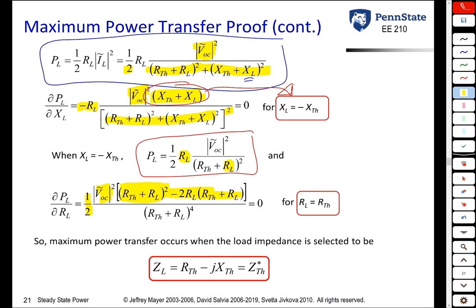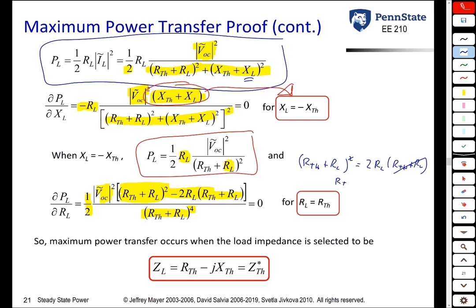So we're going to get this all over the denominator squared. The denominator is R Thevenin plus RL squared. You square that again, you get that to the 4th. And you set this whole expression equal to 0. Basically what we're saying now is that R Thevenin plus RL quantity squared has to equal 2 RL times R Thevenin plus RL. That's going to cancel with one of those.